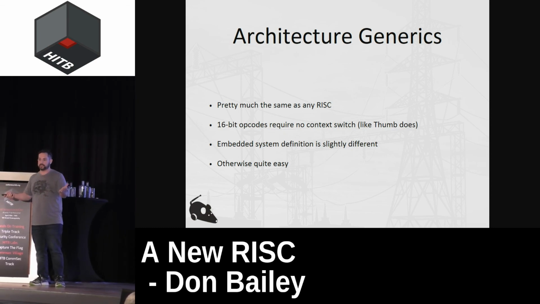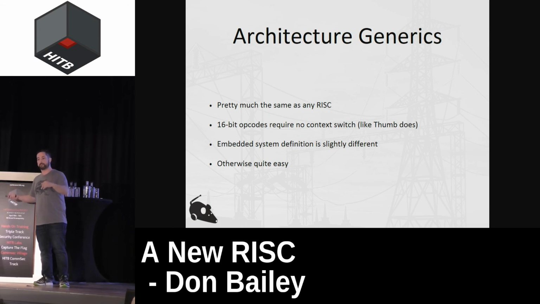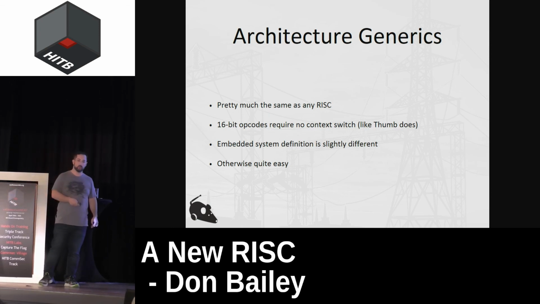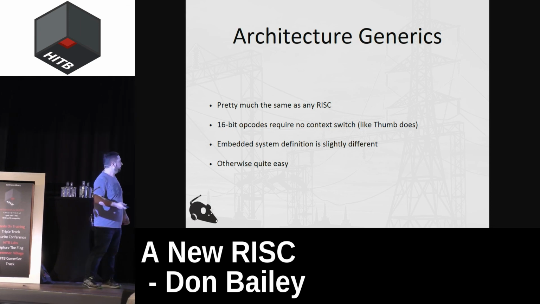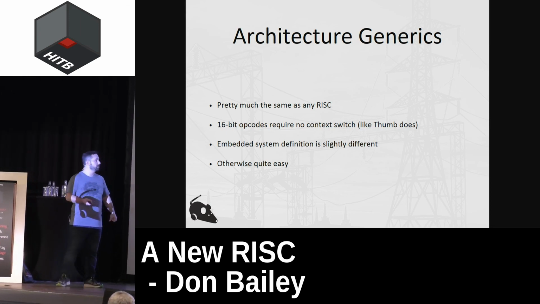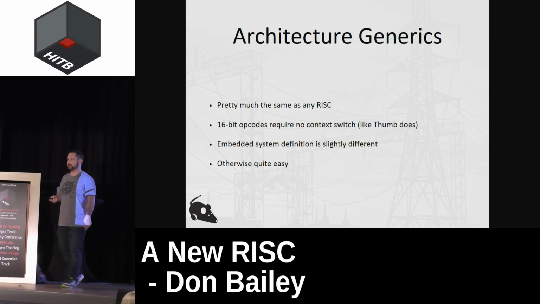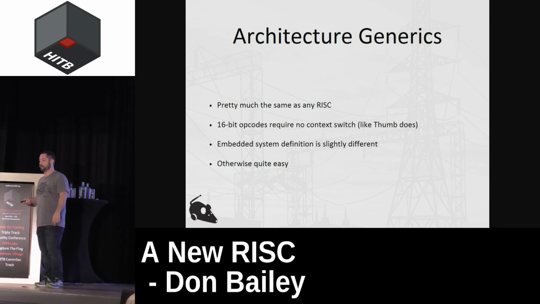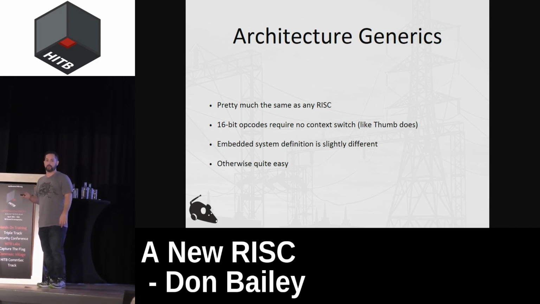It's just immediately accessible. So from a ROP perspective, it's actually really fun. But otherwise, it's actually quite easy, but it's really the same as any RISC that you've ever implemented.